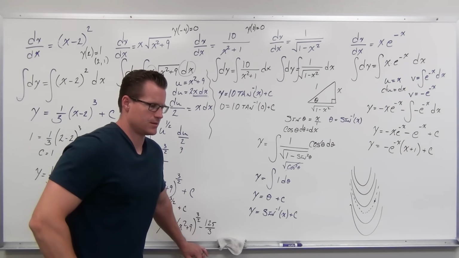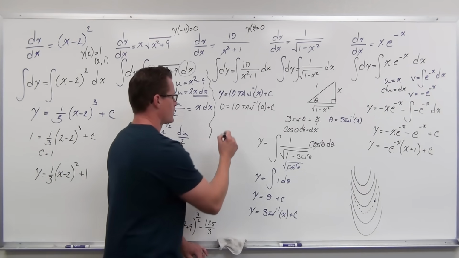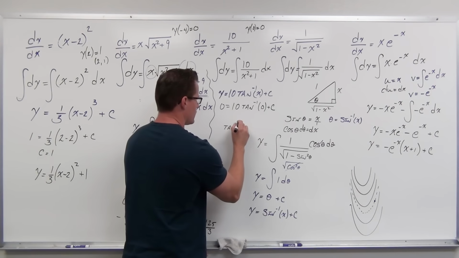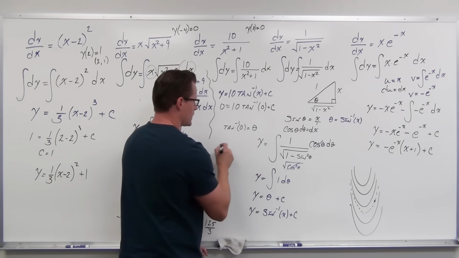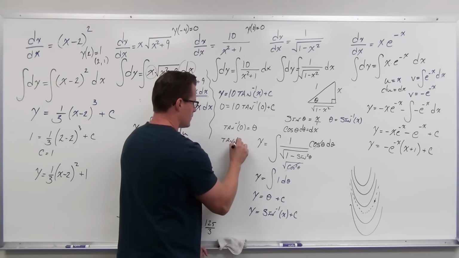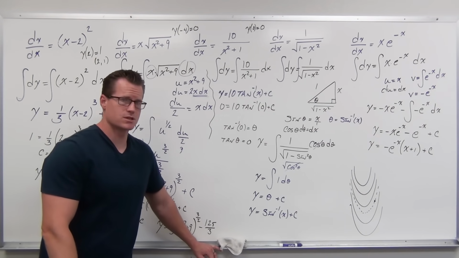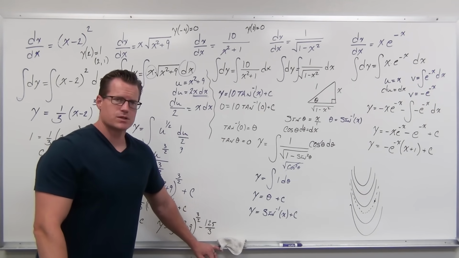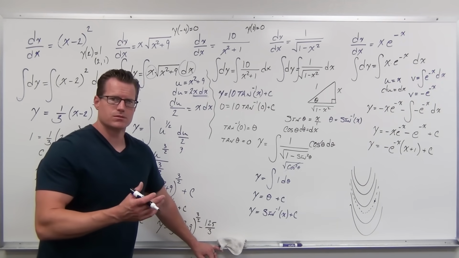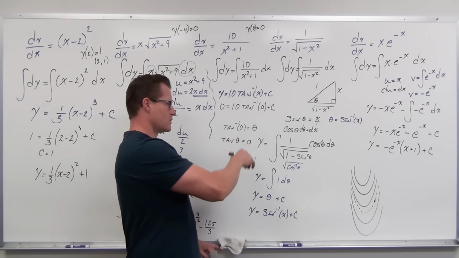Oh man, do you remember what that is? Tan inverse of 0 equals theta, so tan of theta equals 0. Then we think that's sine over cosine, sine is 0 at 0, so let's just pick 0. So tangent of 0 gives us 0, so tan inverse of 0 is also 0.